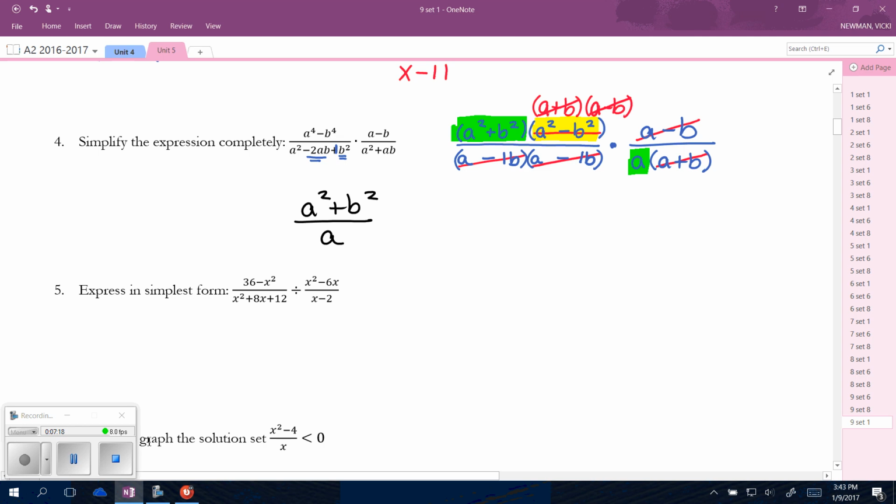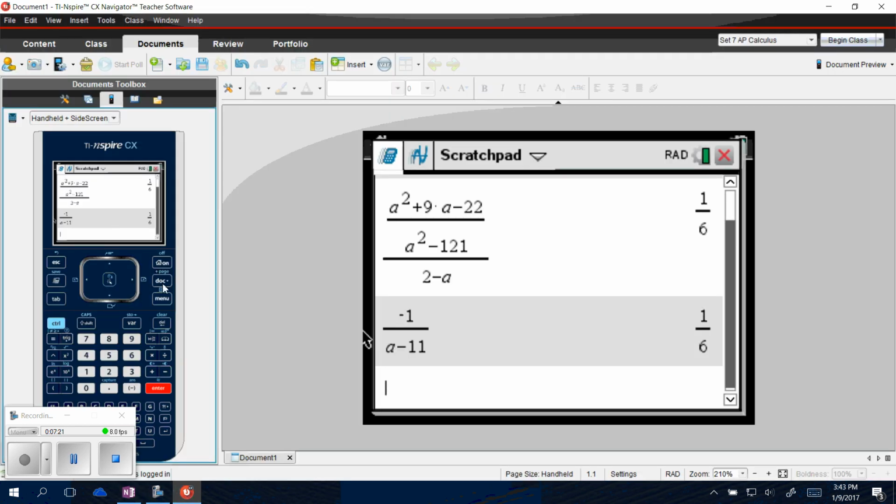So what you could do is go in here. I'm going to clear this out.